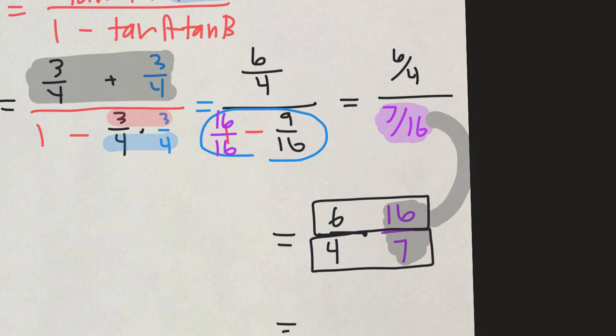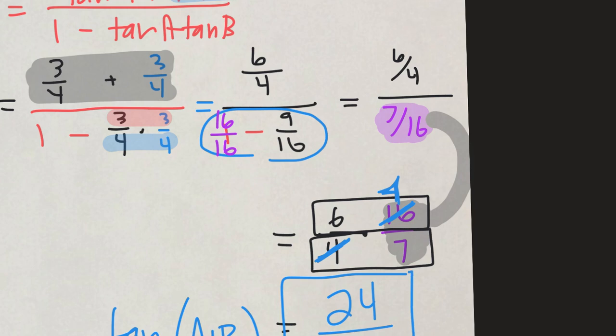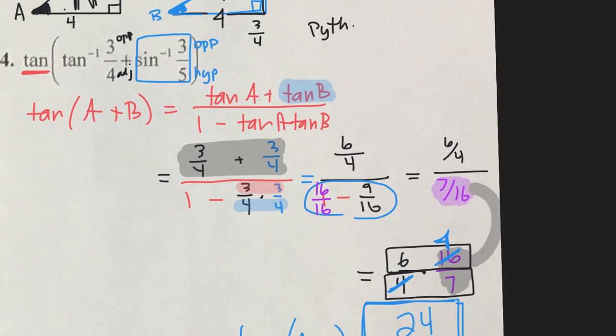Well, let's do a little bit of simplification first. I don't want to have to do this in my calculator. I know that 16 divided by 4 is 4. Now we don't have anything else to reduce. 6 times 4 is 24, and 7 times 1 is 7. So the tangent of a plus b is going to be 24/7. That is the ratio, aka the answer for our problem.